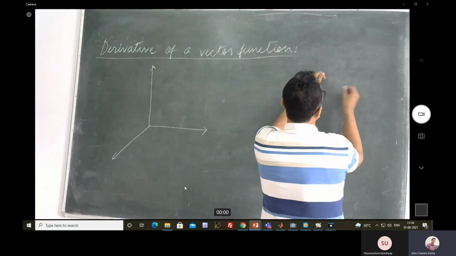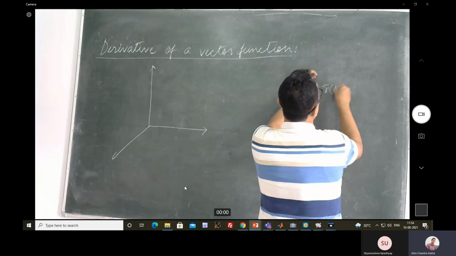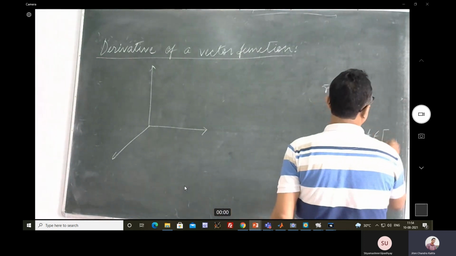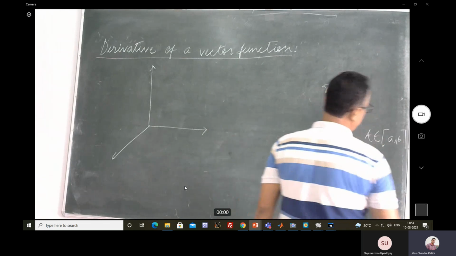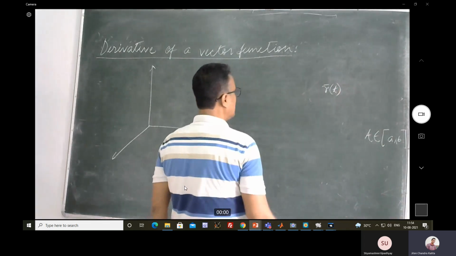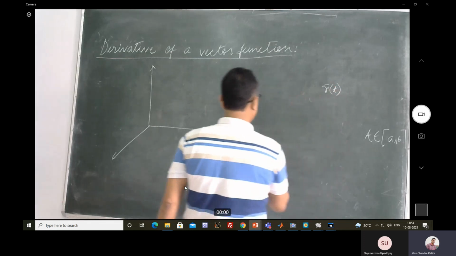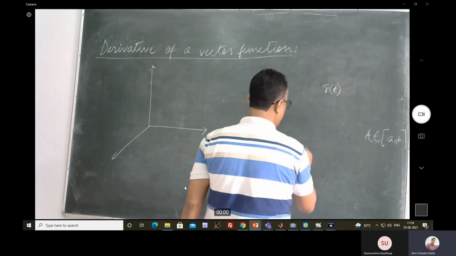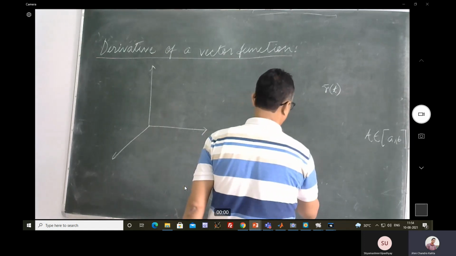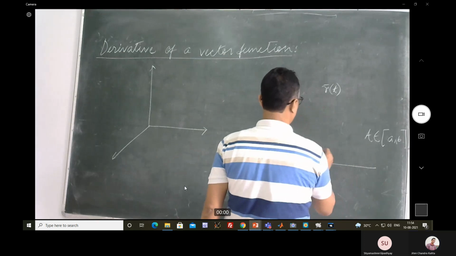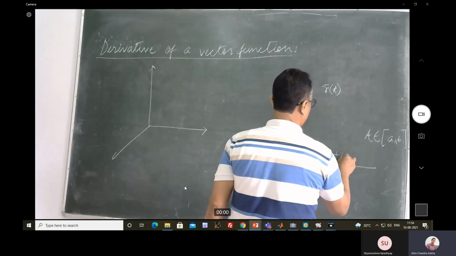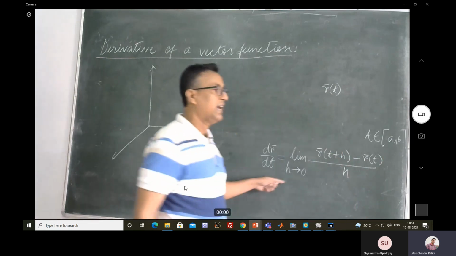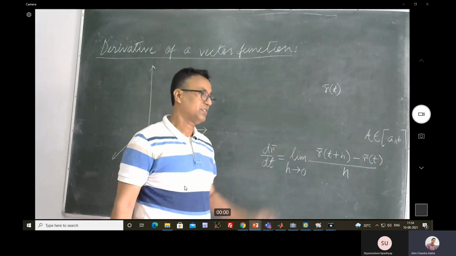Suppose I am considering a vector valued function r(t), and again, t belongs to some interval, say [a, b]. Then the derivative of r(t), denoted by dr/dt, is nothing but the limit of this as h tends to 0, if this limit exists.